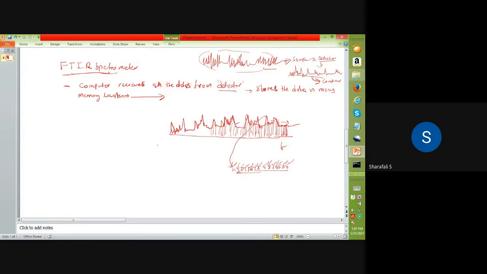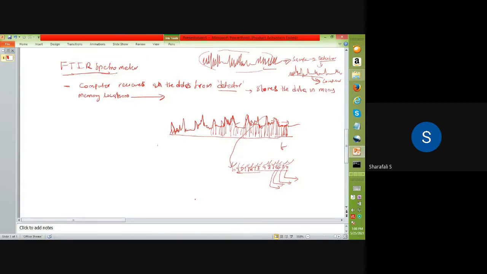And this current produced at the detector will be given to the computer system. Correspondingly, the system will store this data, and some magnitude will be stored as data in the computer system.